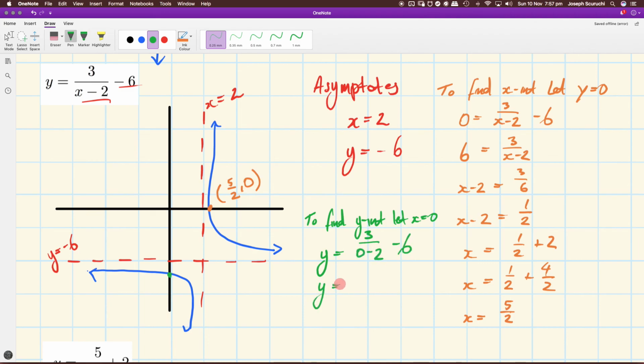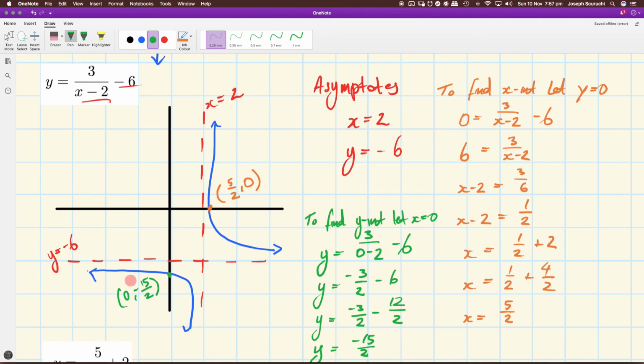I'm going to get y equals 3 over negative 2, minus 6. Oopsie daisy. I'm going to have to get common denominators, so I'm going to be left with negative 3 on 2 minus 12 on 2. So I'm going to get negative 15 on 2. There's a lot of working out there, but that will be my final one. It's going to be 0, negative 15 on 2. Perfect, and that's how I draw it.